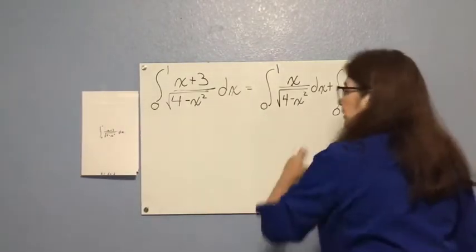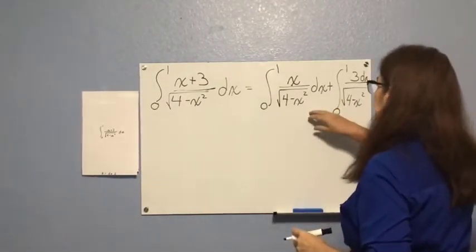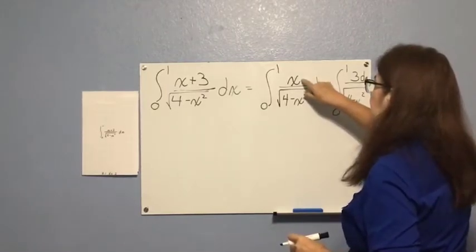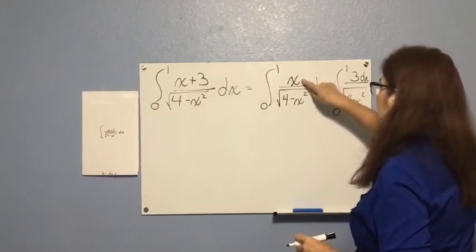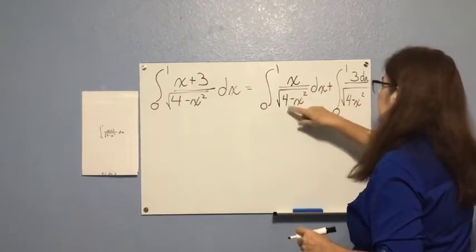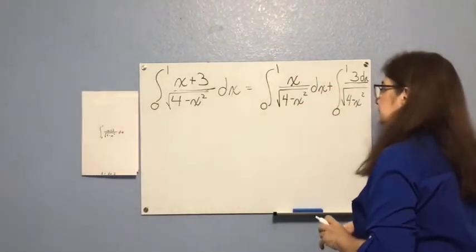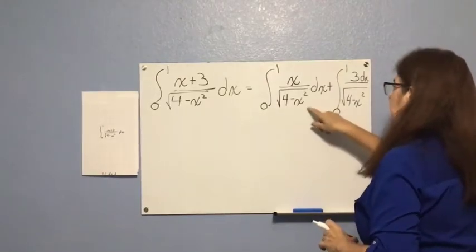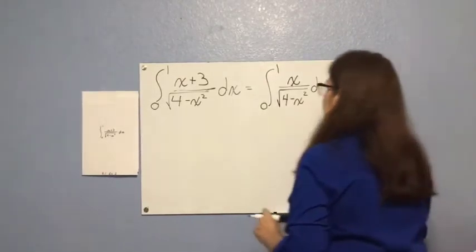For this first integral, I need to have 2x up here instead of just x. And I need it to be negative since my rational exponent for this would be negative.